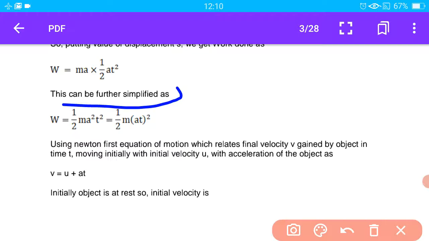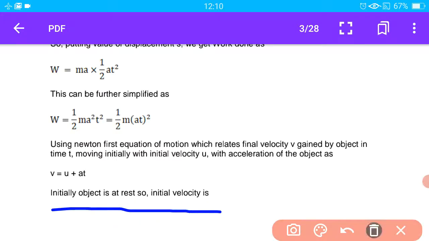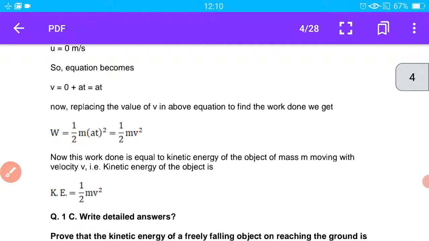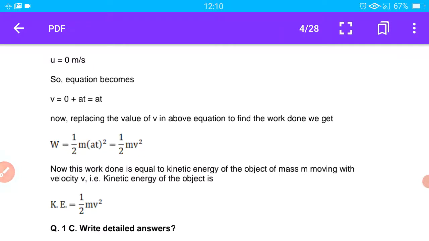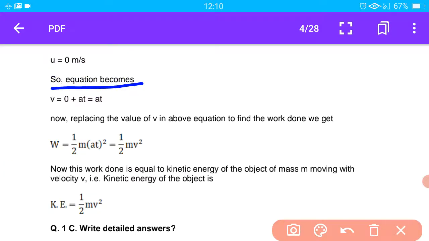W equals 1/2 m a²t². Using Newton's first equation of motion, which relates final velocity v gained by an object in time t moving with initial velocity u with acceleration a as v equals u plus at. Initially the object is at rest, so initial velocity is u equals 0 meter per second. So the equation becomes v equals 0 plus at, equals at.